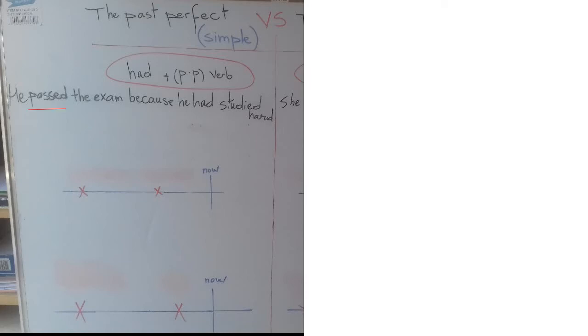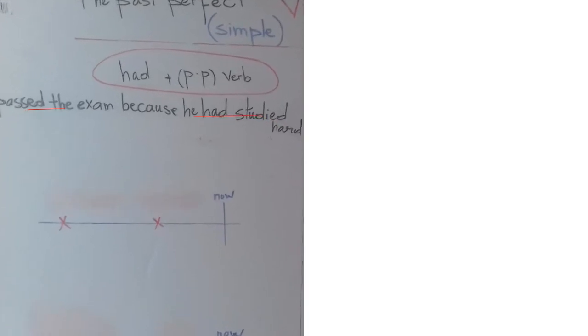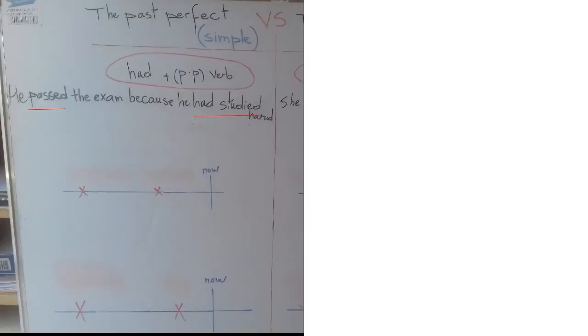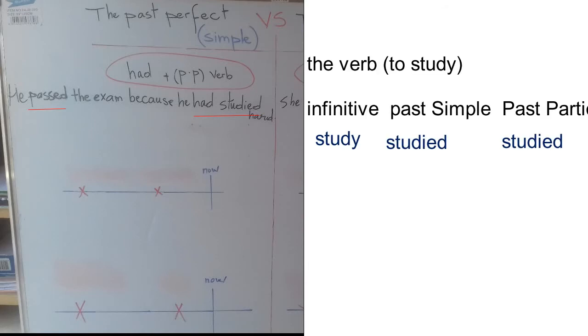Past or had studied? Yes, obviously it's had studied, because when we want to make the past perfect simple, we use had plus the past participle of the main verb. Had here, and the main verb is to study. Its past participle is studied.